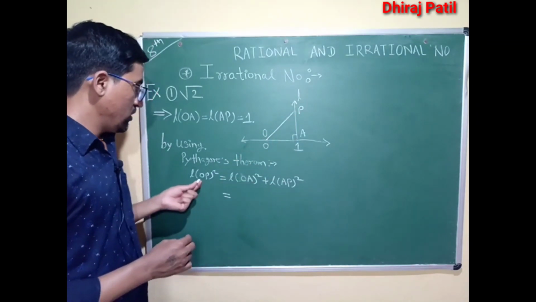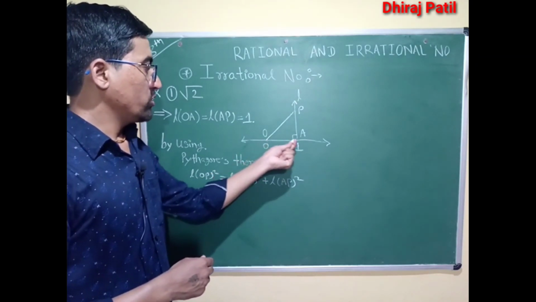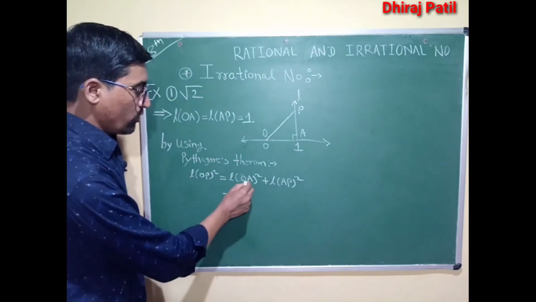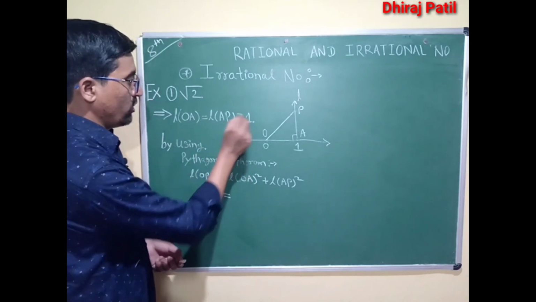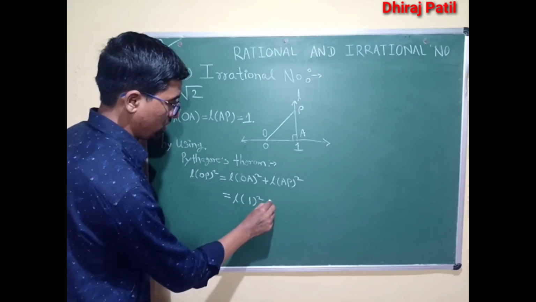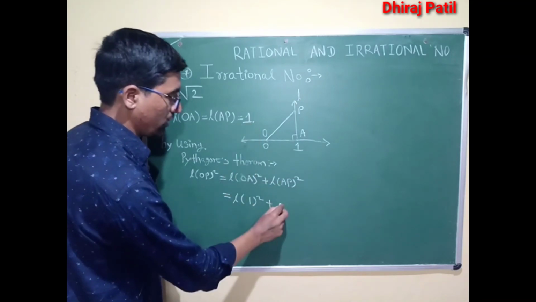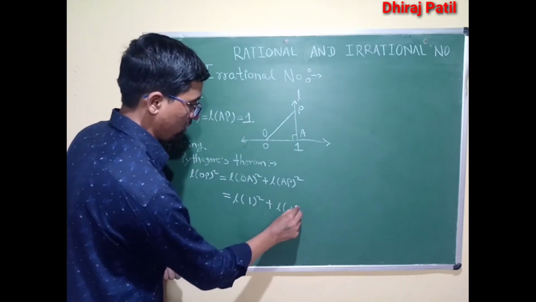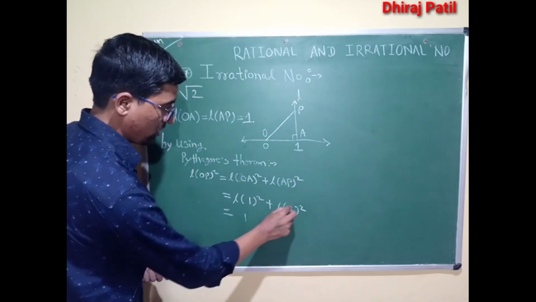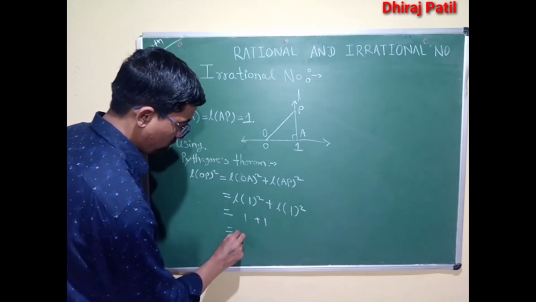So by using this, the length of OP square is equal to the length of OA square plus AP square. So friends, we take the OA value as 1, so 1 square, and again the AP value is 1, so 1 square. Now 1 square is 1, and here also 1 square is 1, so 1 plus 1 is 2.